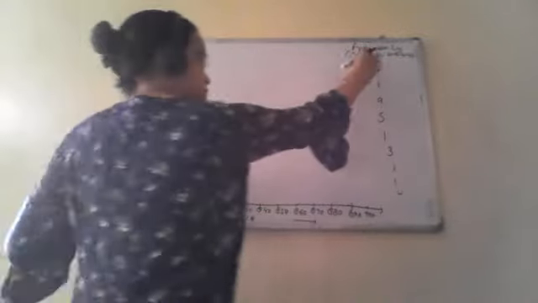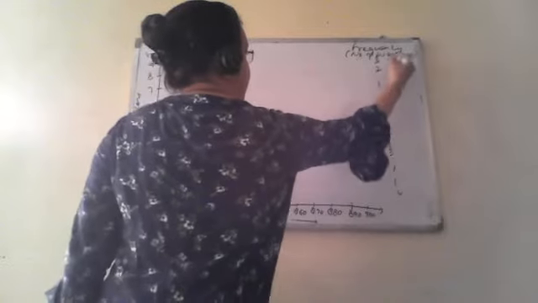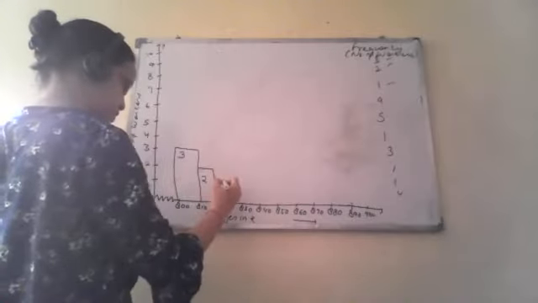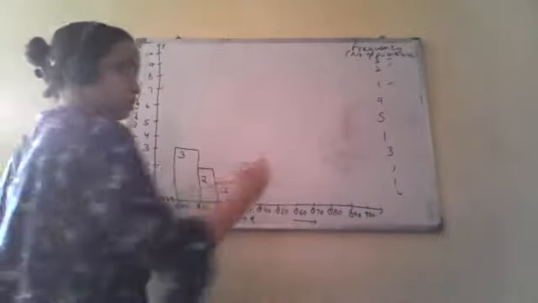So first interval was 800 to 810. Number of workers are 3. For 810 to 820 we have two workers, so we will write 2. Now 820 to 830 we have 1 worker.